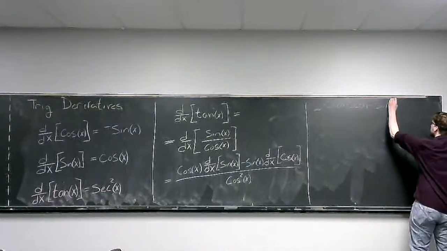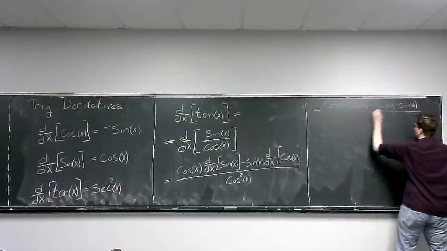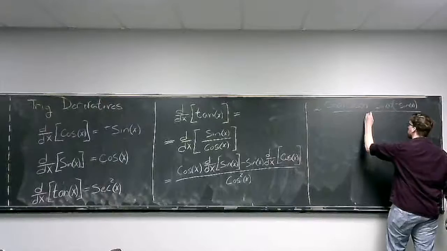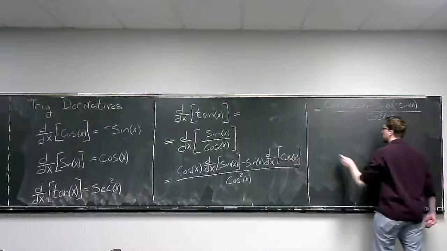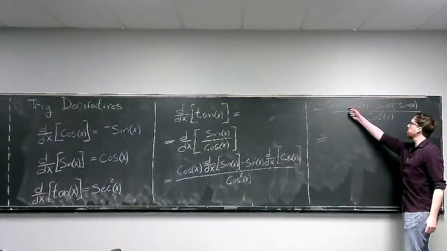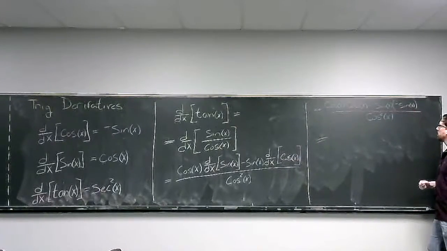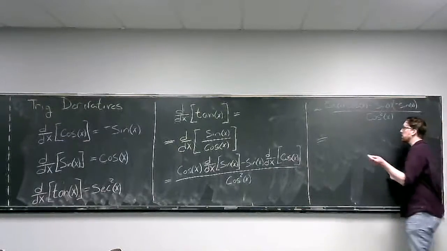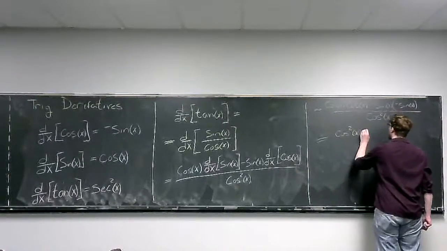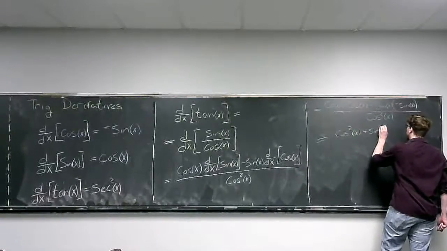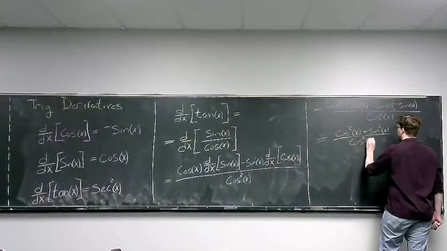Well, that's negative sine of x, all over cosine squared of x. But hey, that means this is going to be cosine squared minus negative sine squared. And minus a negative is the same thing as adding, so this is equal to cosine squared of x plus sine squared of x over cosine squared of x.